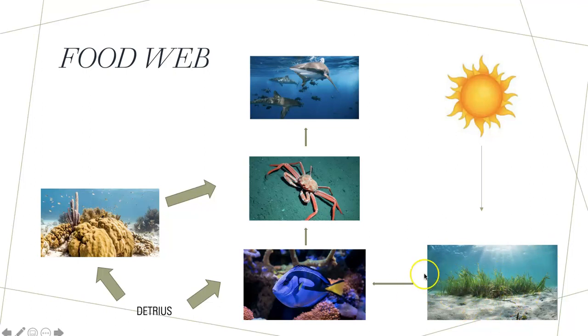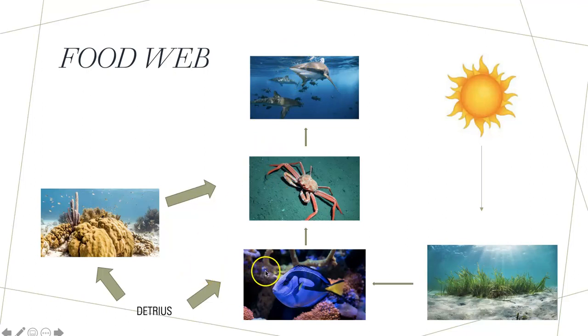And then those small fish and things like that that are more on the bottom of the seafloor feed on the seagrass. And then from there, a primary consumer of those fish would be a crab, and things like that. And then those crabs get eaten by sharks, which are those top predators that eat everything.